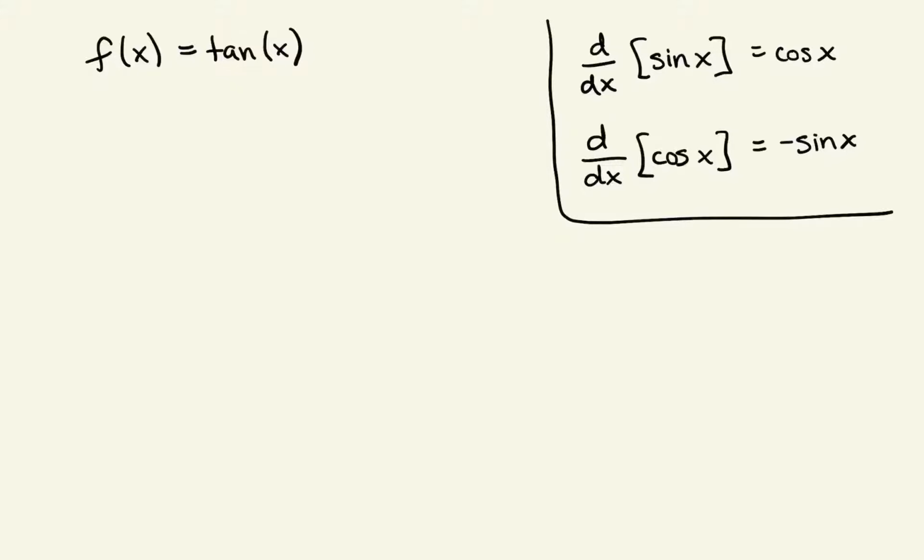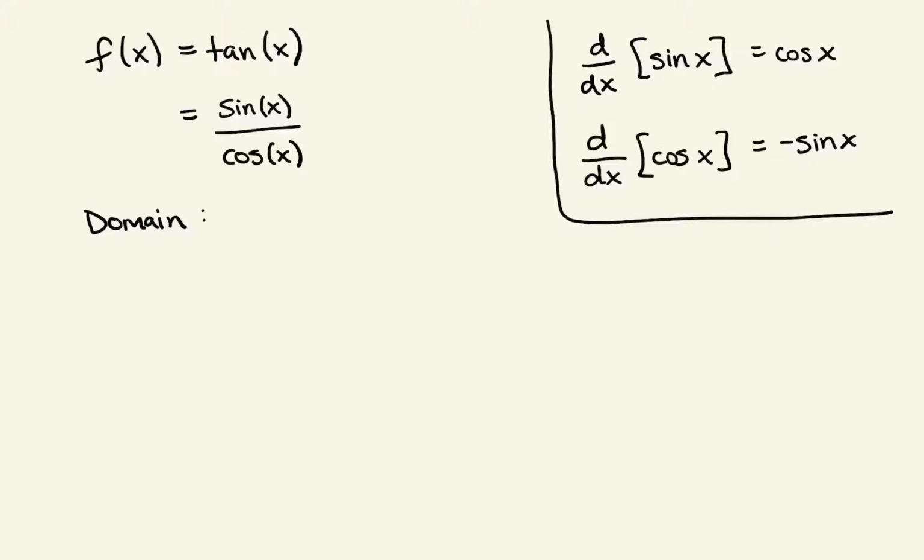Okay, so tan x is really sine of x divided by cosine x. Its domain is all real numbers except those that make cosine x equal to 0.